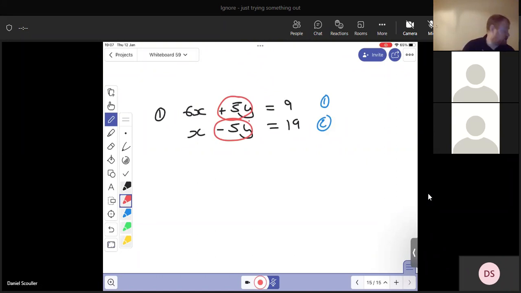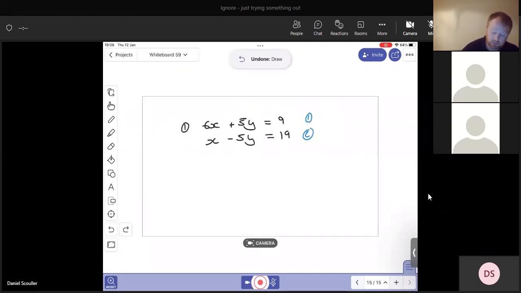So I said in step 3 that I can add or subtract the bottom line from the top line. In this case, if I add the bottom line to the top line, then it will do the same elimination process.